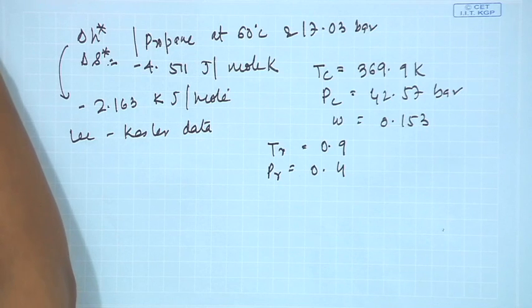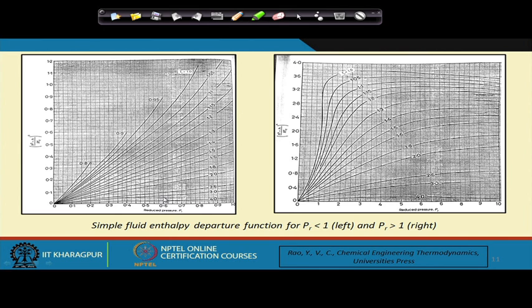So from these particular graphs, for PR equals 0.4 and TR equals 0.9, you cannot use this graph, you have to use this particular graph, right? Now here you can use this graph, sorry. So for TR equals 0.9 and PR equals 0.4, if you read it out, the value is almost equal to 0.6.